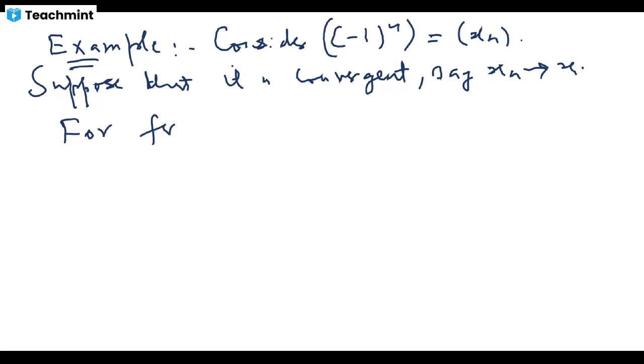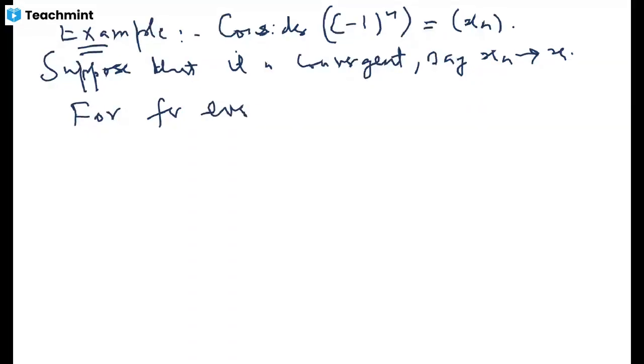So what it says is that for every positive epsilon, but we will choose some particular positive epsilon, restricted to lie between 0 and 1, strictly less than 1.